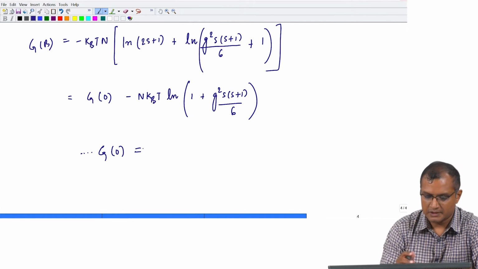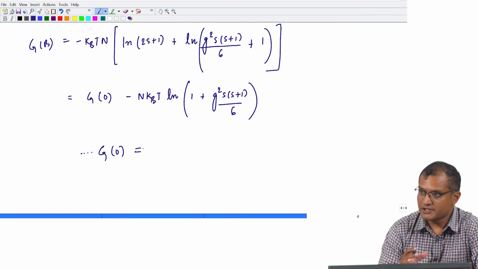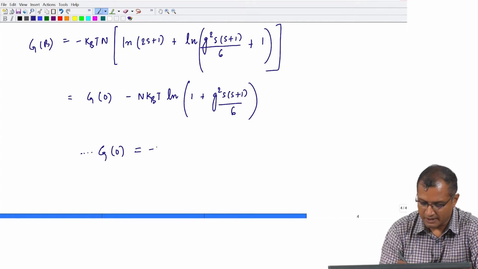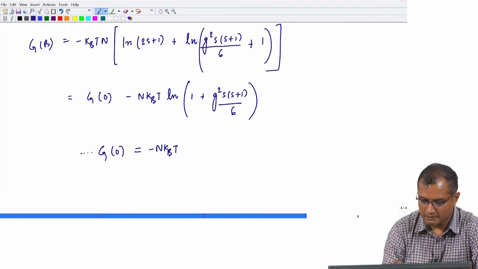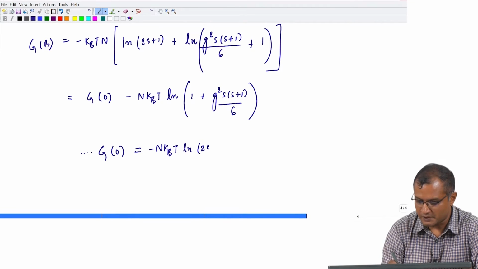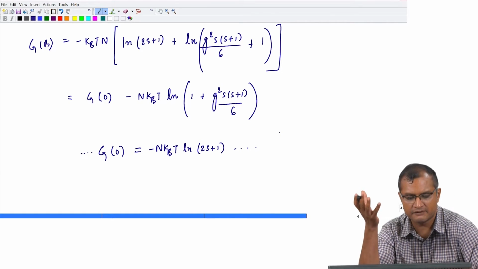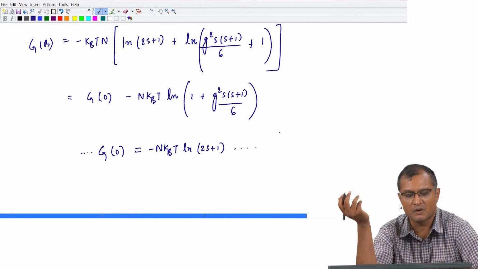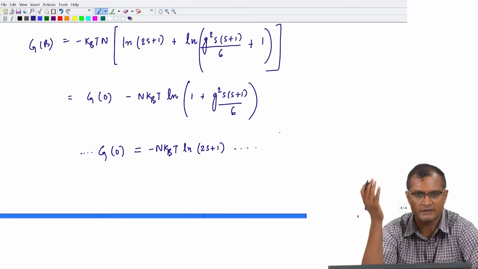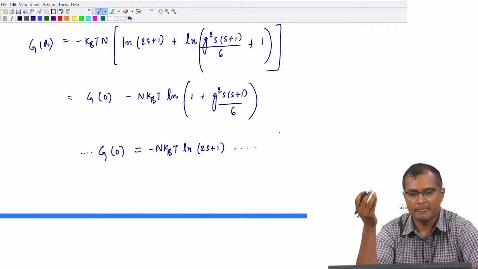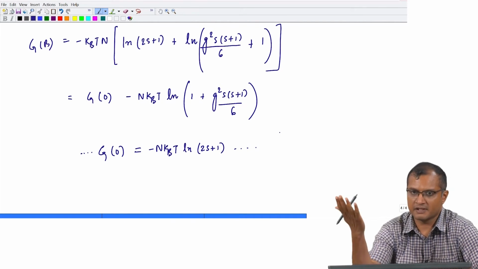Where I have just used this nomenclature that the free energy at 0 field would be just minus n kBT ln of 2s plus 1. I am allowed to do this because the first term is field independent. So, I am just calling it G0, some arbitrary reference of the free energy. It is a state function, so its reference is arbitrary.